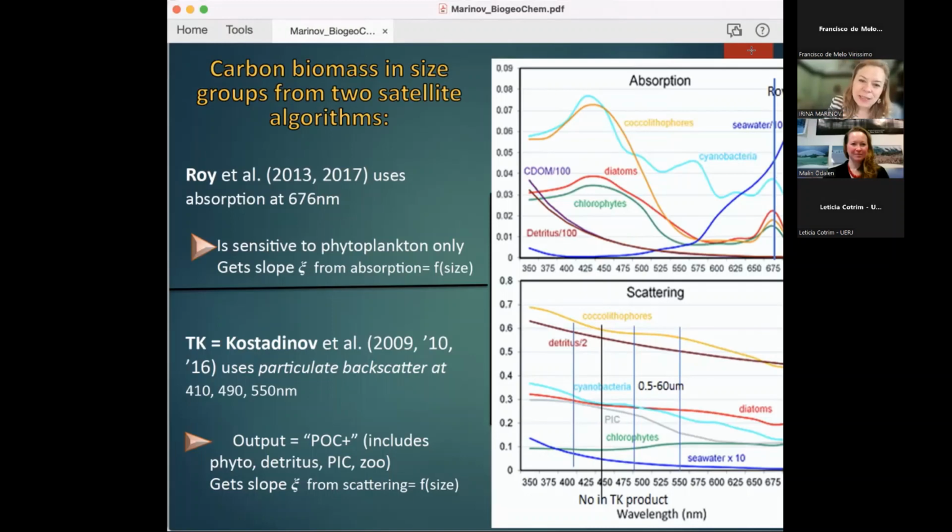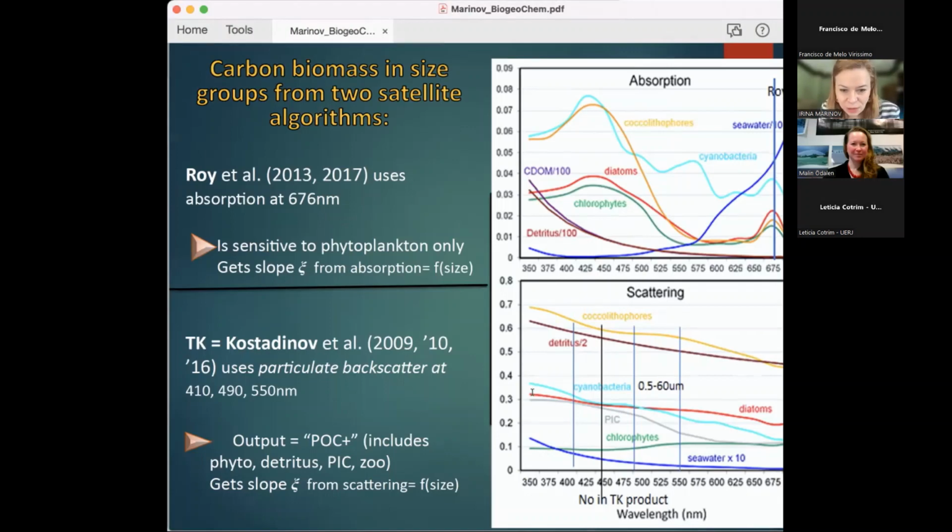So this product is sensitive to phytoplankton only. For example, detritus, which we see in the red line, is not very present here. Dead organic matter is not very present here. Colored dissolved organic matter doesn't have much absorption there either.